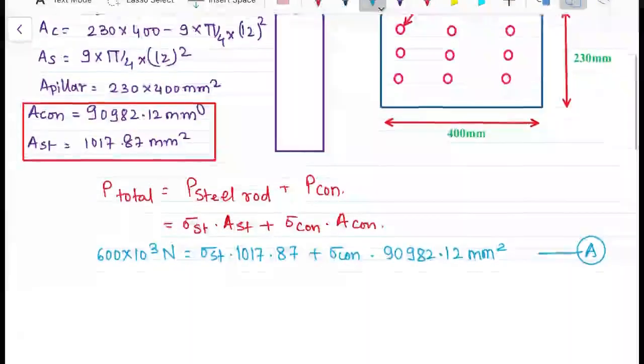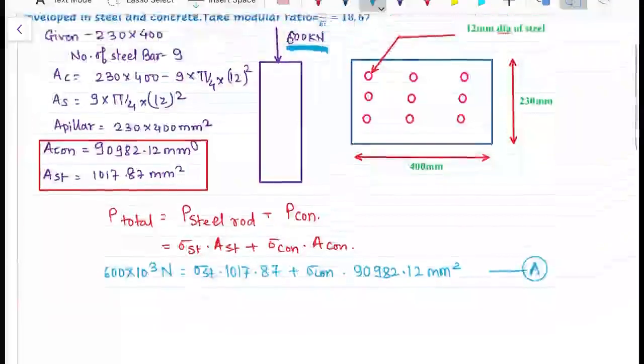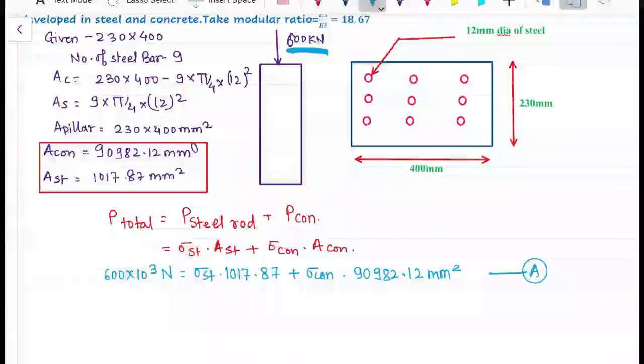Now let's go for another equation. Whenever we are talking about this concrete pillar, the length of the steel bar will be equal to the length of the concrete. So can I say the change in length we will assume the same for steel and concrete? Okay.